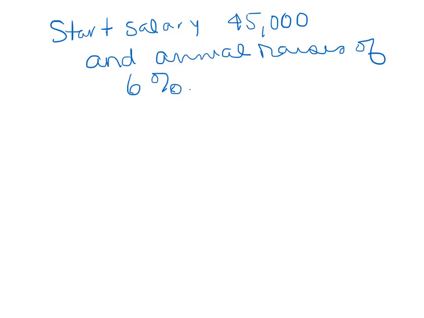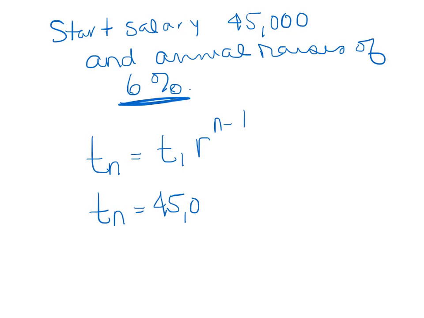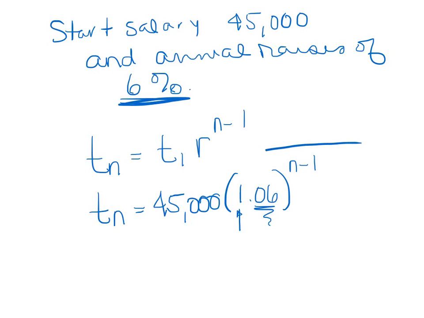Okay, so just to make sure we're clear on this, it's geometric because it is this percent increase. We'll use Tn is equal to T1 r to the n minus 1. So that means T1 is 45,000. R, because it's 6%, will be 1.06, okay? The 06 is the percentage, and the 1 is just, you know, you're increasing from the original. So 1.06 to the n minus 1, and that's your formula.